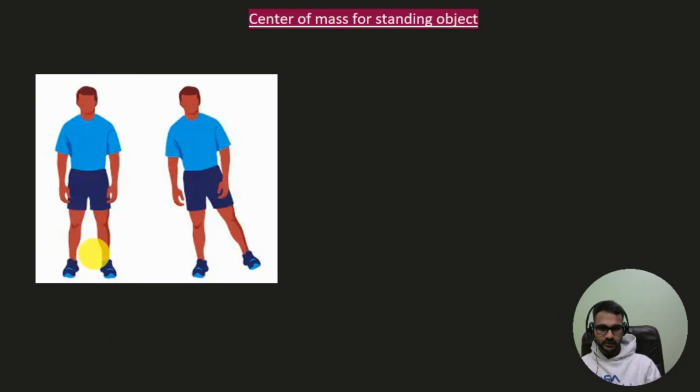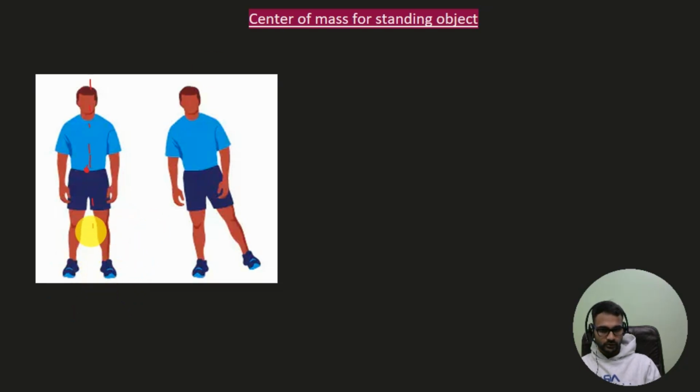Here the person is supported by his two feet, so the center of mass would be approximately in between these two legs, and on this axis it will be at this point. This would be the center of mass in between the two legs.